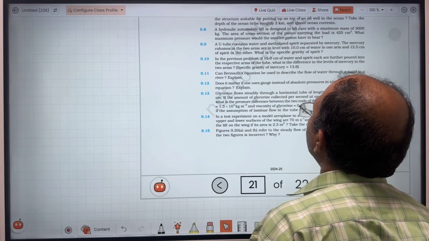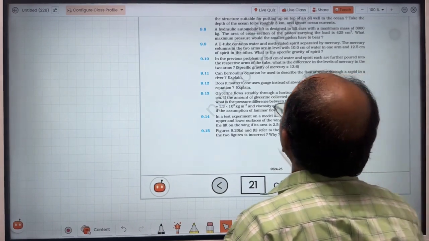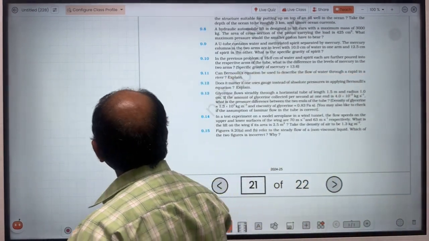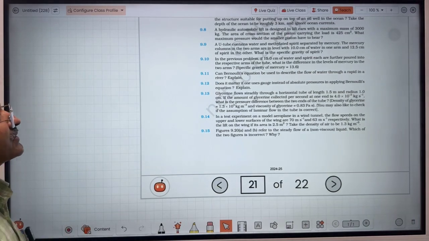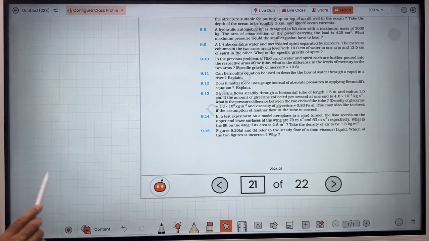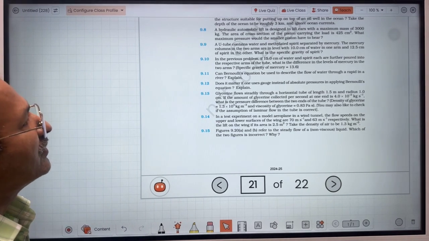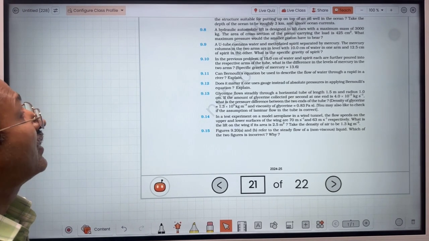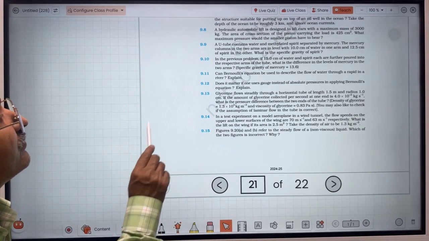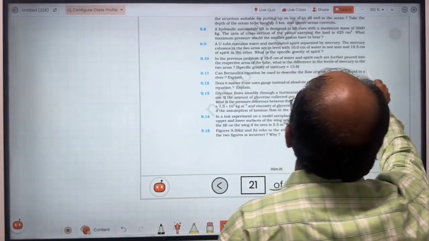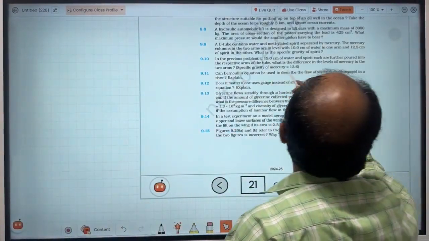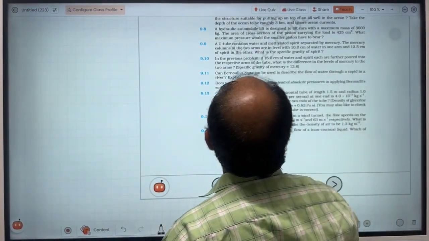If there is turbulent flow, in that case Bernoulli theorem will not be valid anymore. We have seen the limitations while proving Bernoulli theorem. We assumed in the beginning that the flow is not turbulent, so it will not be possible for rapid flow.